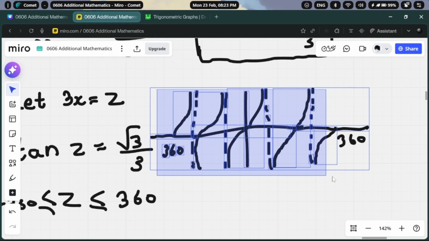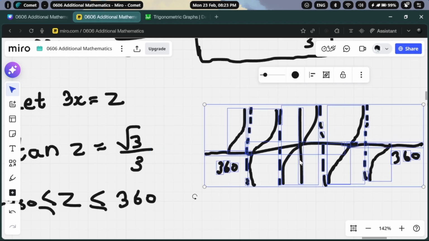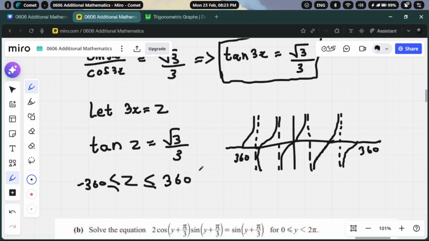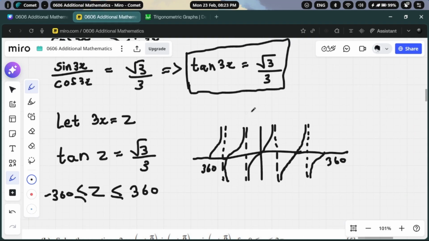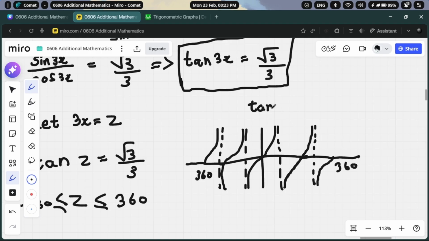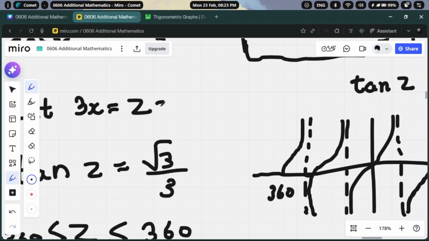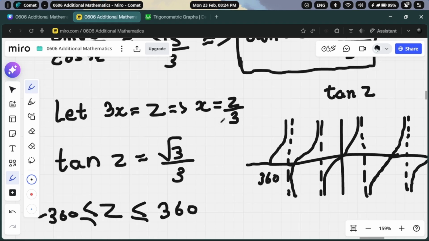Let me just shift a bit to the right. Now they're asking you to find out the values of z. So you can label this as tan z, which is encoded. Since it's encoded, in the end, once you find out all the values of z, you would divide those values by 3 so that you get your actual values for x.